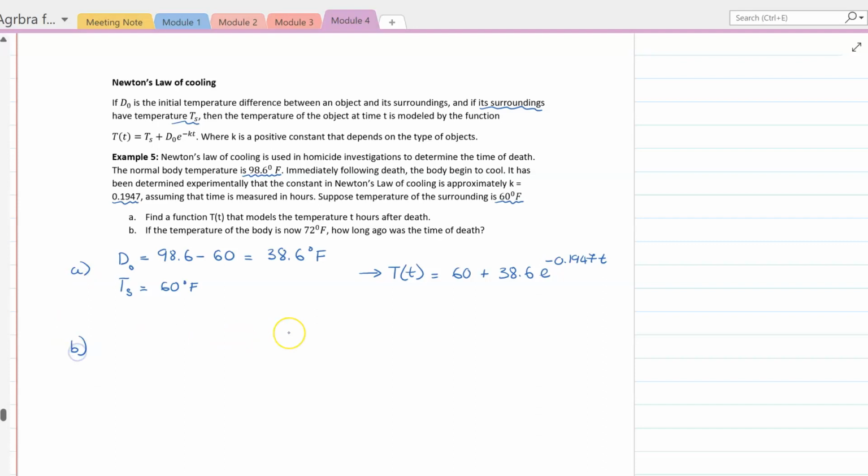Part B. If the temperature of the body now is 72 degrees, how long ago was the time of death?